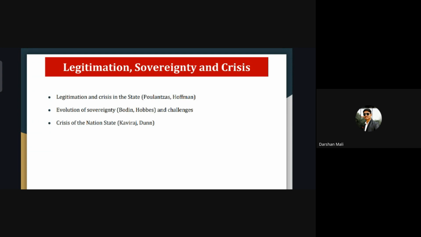I'm repeating for you: first is population, second is defined territory, third is government, and fourth is sovereignty. These are the four most essential elements of any state. Those who call themselves a country, you can just apply these four criteria and you will come to know that yes, they are correct.